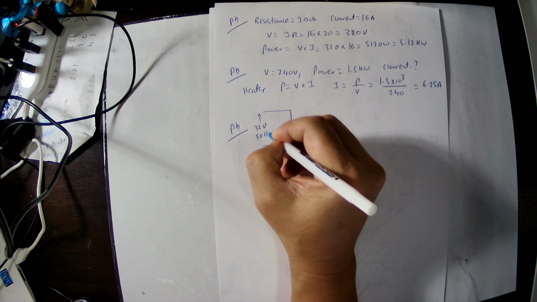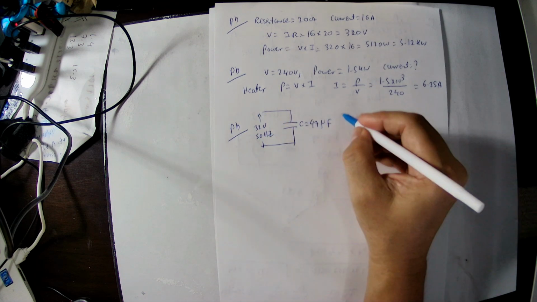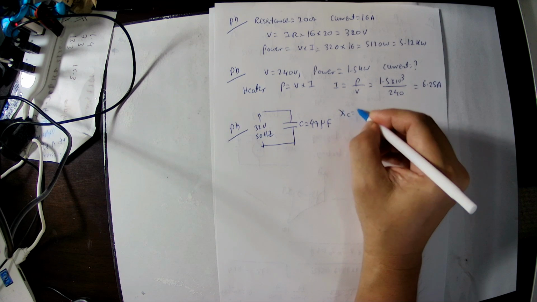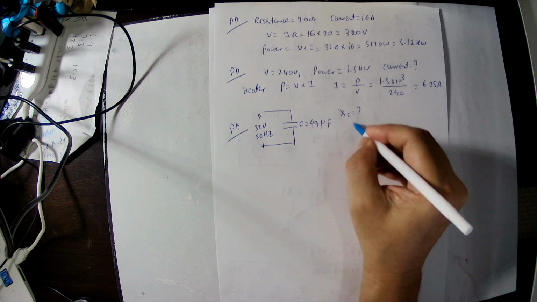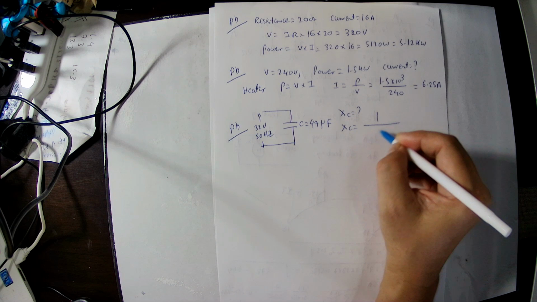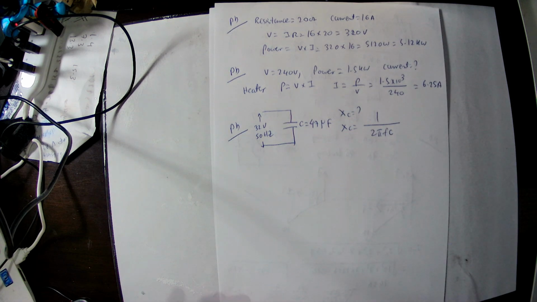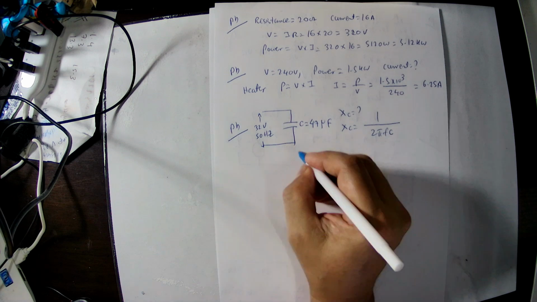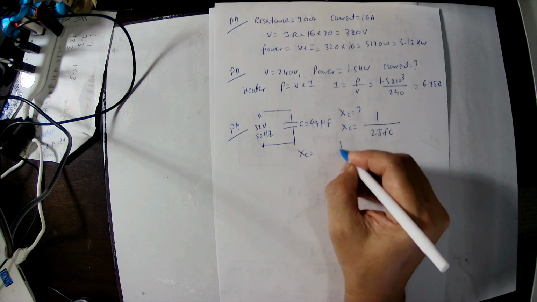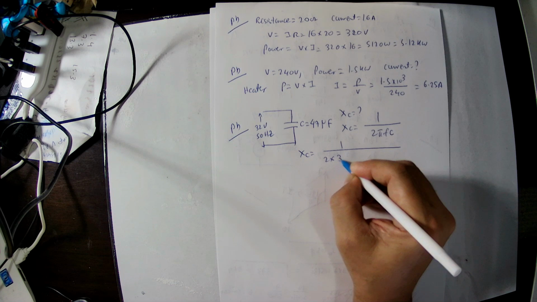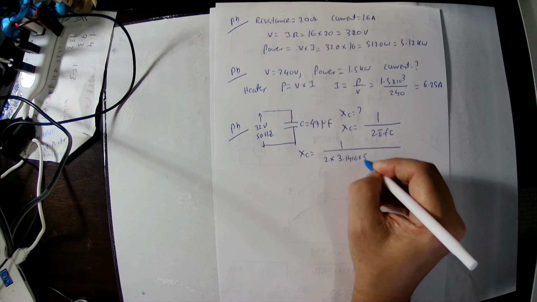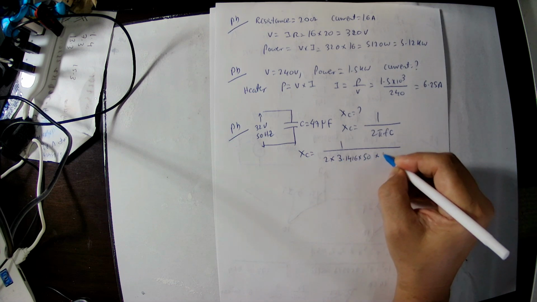We need to calculate XC. XC equals 1 divided by 2 pi FC, where pi is 3.1416 and F is the frequency. Then we substitute: 1 divided by 2 pi 3.1416, frequency 50, capacitance 47 microfarad, so 47 times 10 power minus 6.